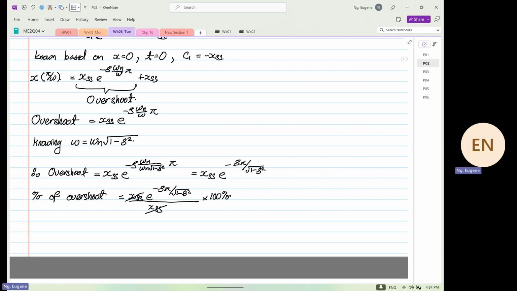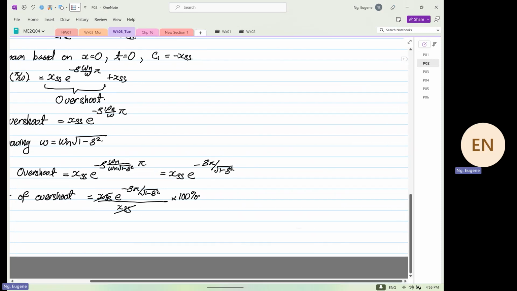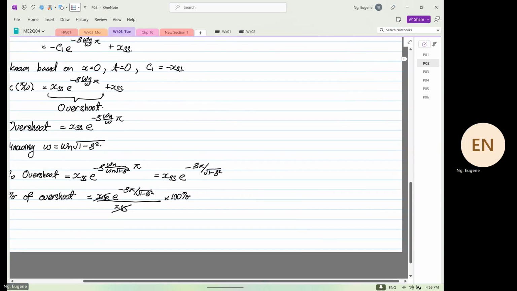Okay. So you can get rid of this. So you just have E to the minus zeta pi over square root of 1 minus zeta squared. Okay. And then there's a relationship. So I'm going to write on a table.